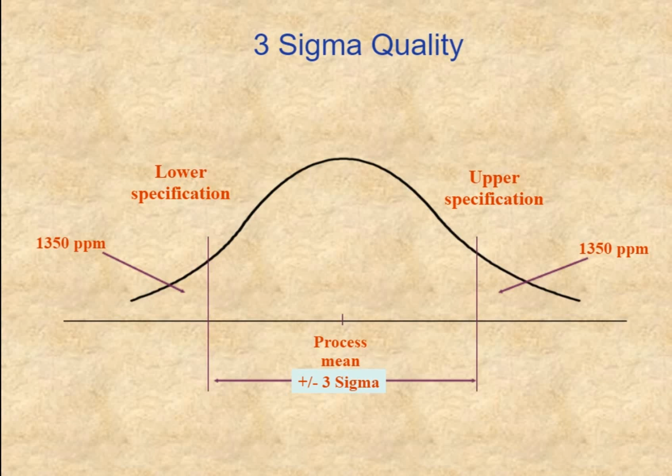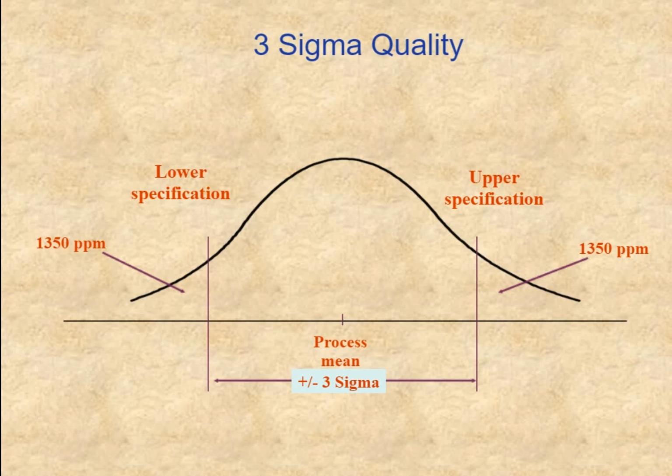If we go from the middle, which is the process mean, 3 sigma to the right, 3 sigma to the left, so it will be plus minus 3 sigma. If this is the specification of the process, okay, now we will have 1,350 per million in this area, which goes from this line all the way to the left. That is the probability that the parts we produce will be smaller than the specification.